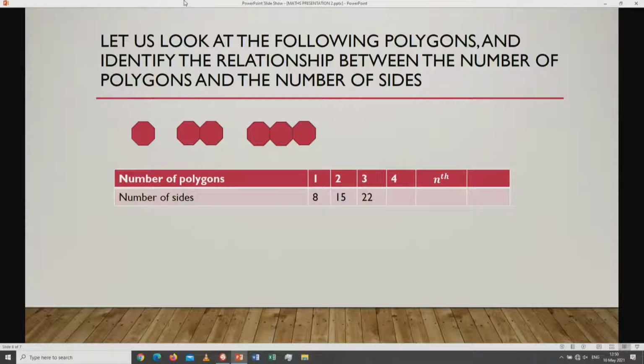If we understood the example that I just provided, it may help us to create our own equations when we are given situations like this. For example, let us look at the following polygons and identify the relationship between the number of polygons and the number of sides.